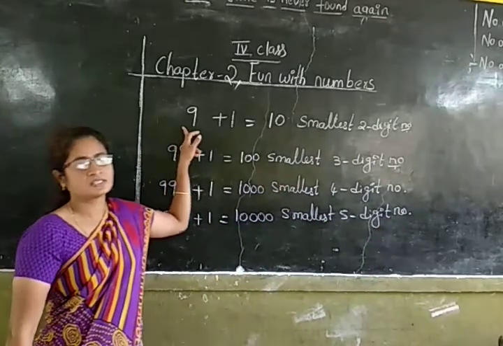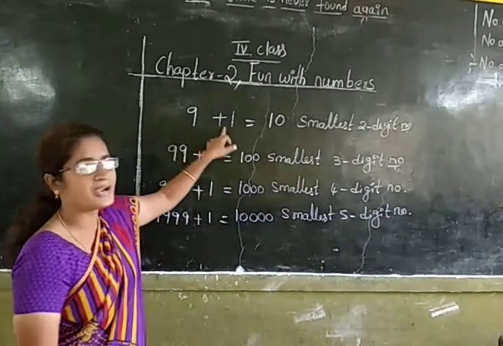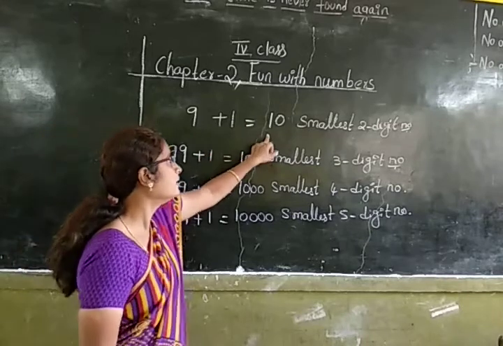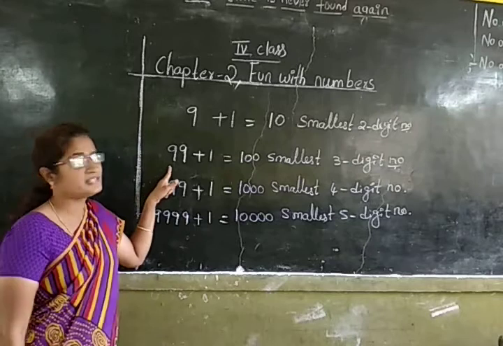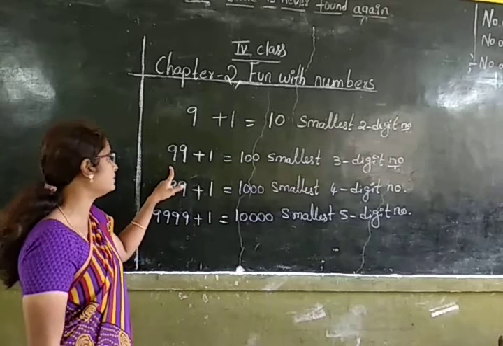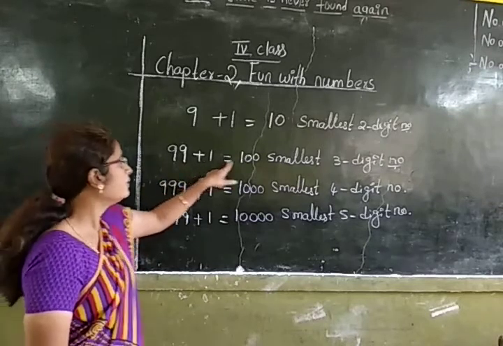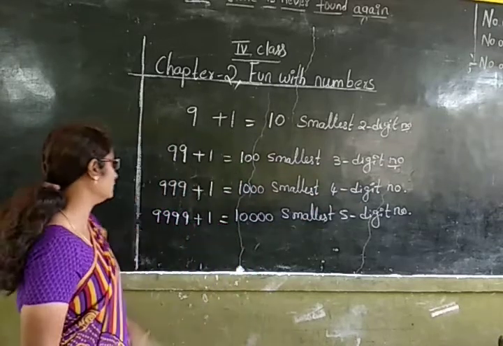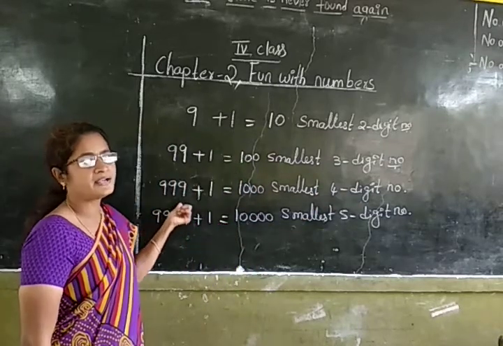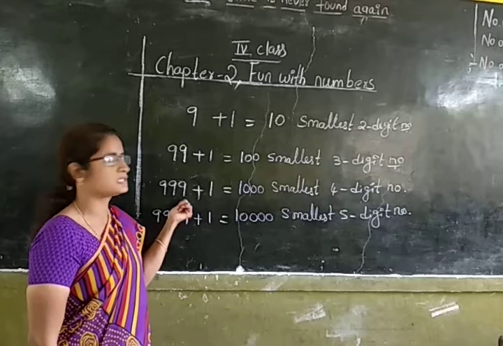9 is the largest 1 digit number. On adding 1 to it we will get 10, which is the smallest 2 digit number. 99 is the largest 2 digit number. On adding 1 to it we will get 100, which is the smallest 3 digit number. Similarly, 999 is the largest 3 digit number.